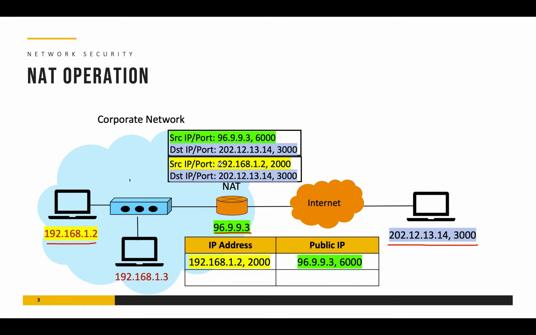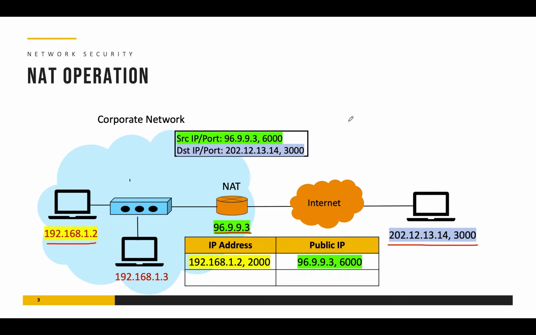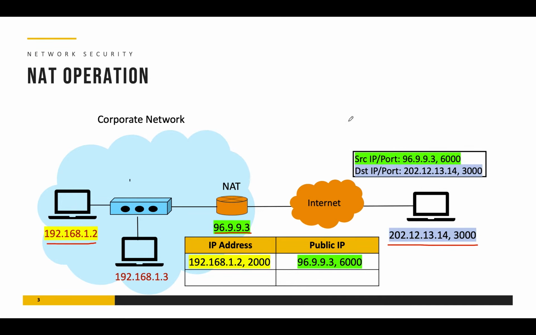It has replaced the original private IP address and port number with its own publicly routable IP address and port number. And then it sends this packet to the destination. So from the perspective of this destination, it thinks that this packet is coming from this NAT router, because it only sees its IP address and port number.